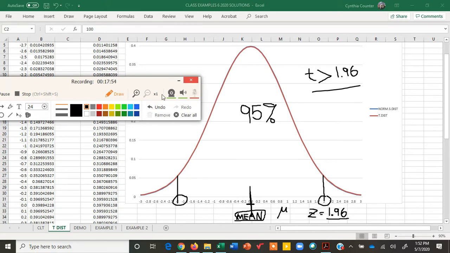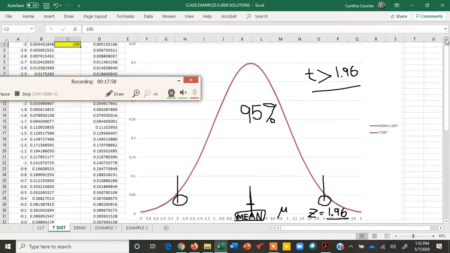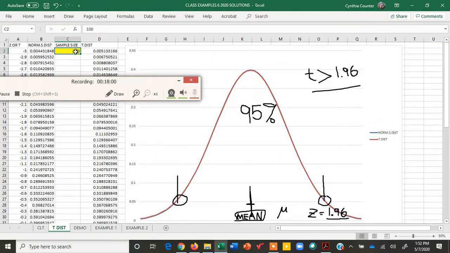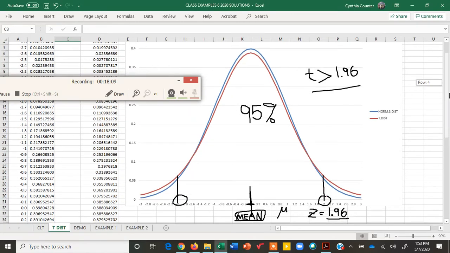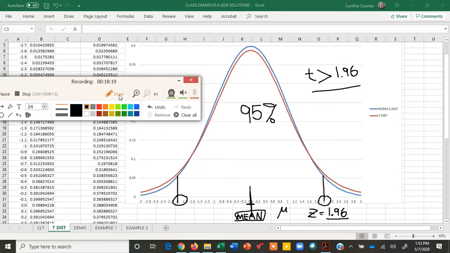If I go back up and change the sample size back to 10, then we can see how things look different here. So notice here's the 2 right there at that standard normal, but if I want 95% for the t distribution, notice that it's a little shorter and fatter.